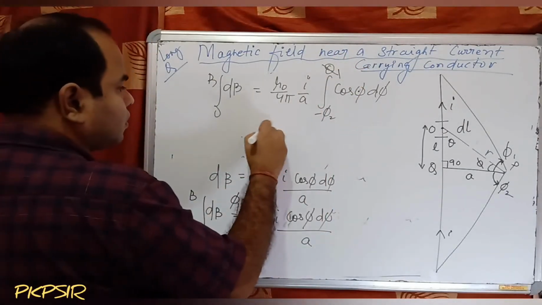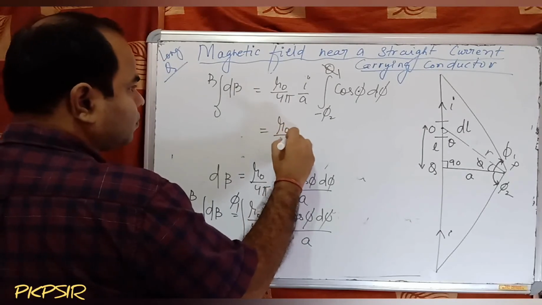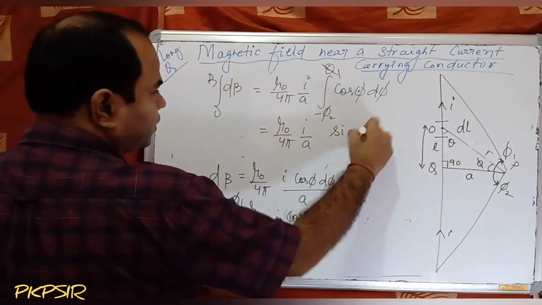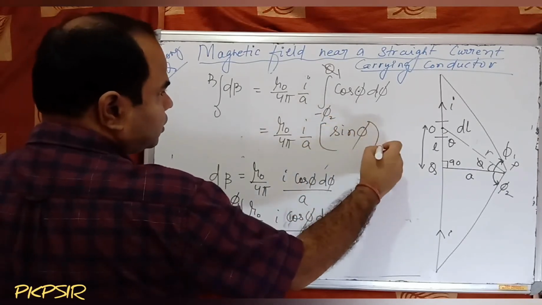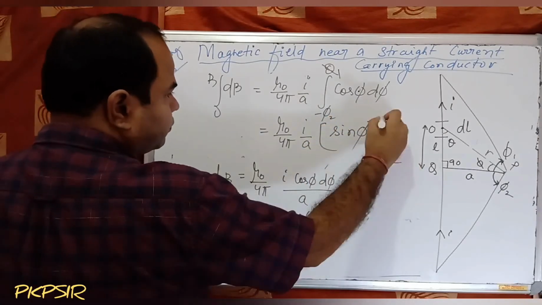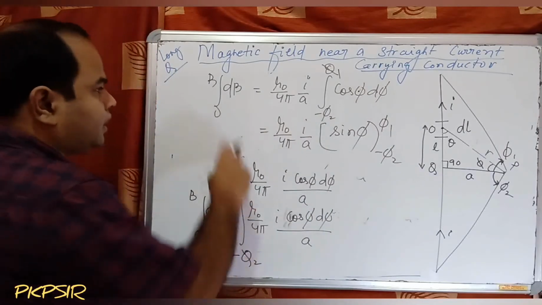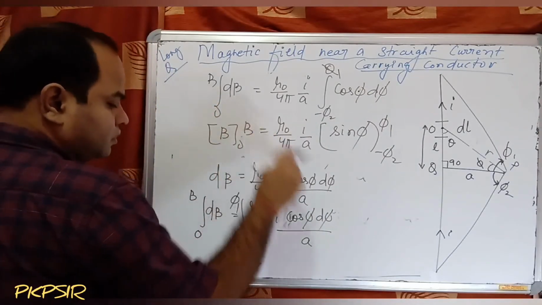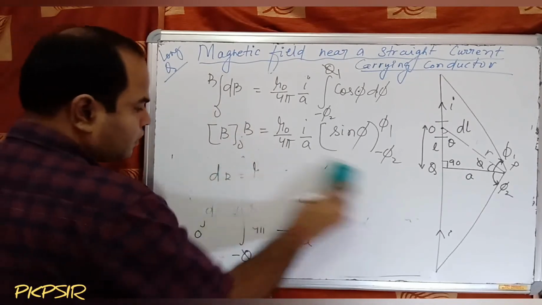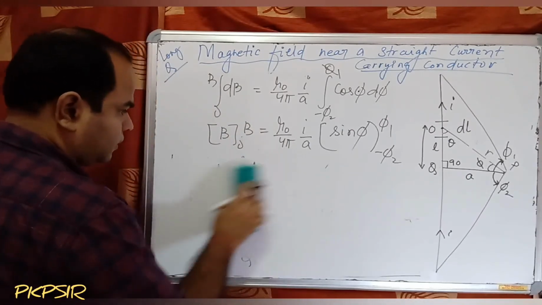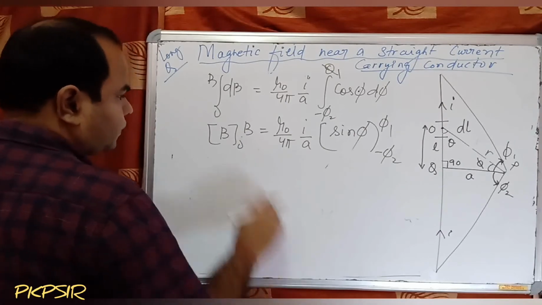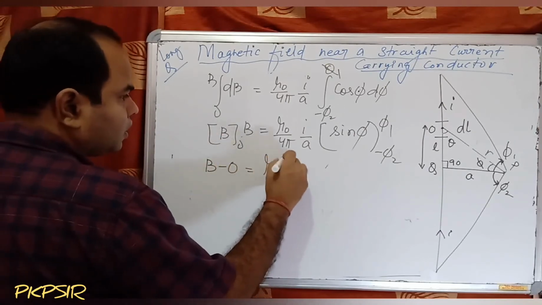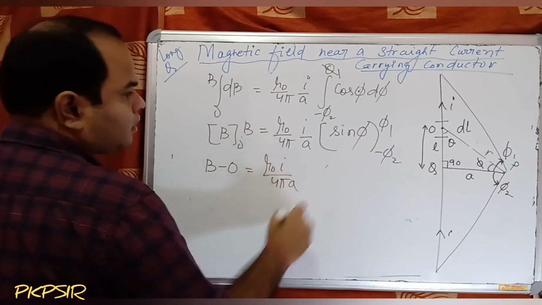This is mu naught by 4 pi I by a, the integral of cos phi is sin phi, and the limits are minus phi 2 to phi 1, and for dB the integral is B, from 0 to B. So B minus 0 is equal to mu naught I by 4 pi a.